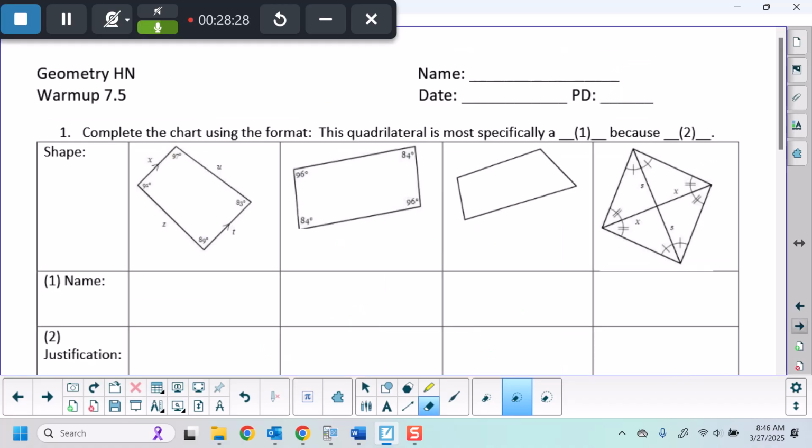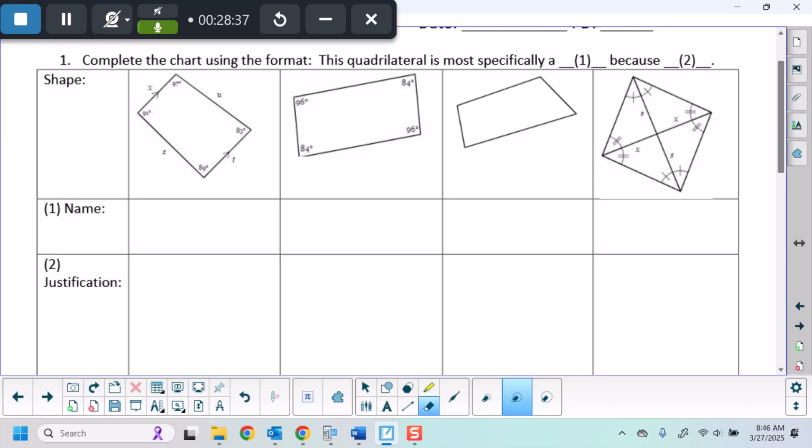All right. So now I want you to dive into your warm-up, and I want you to come over here. Complete the chart using this format. And this is straight from Delta Math, if you saw that assignment. This quadrilateral is most specifically a blank because blank.